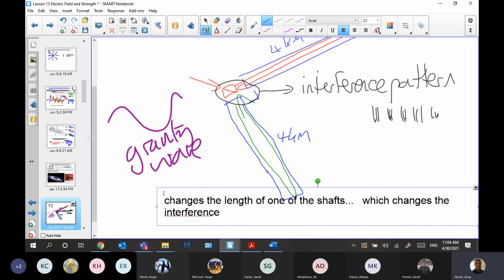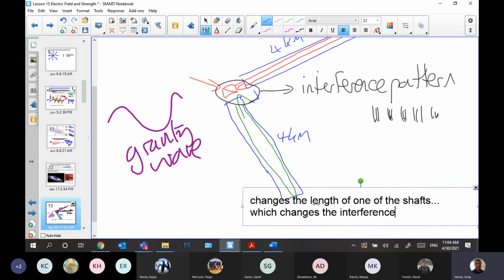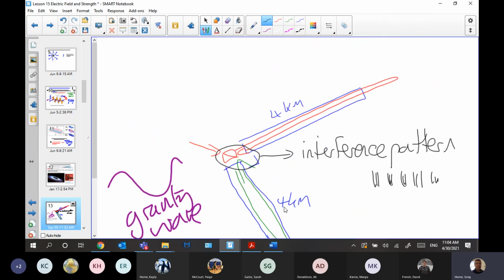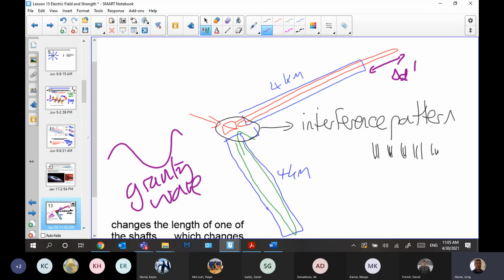So if they see an interference pattern change, the only explanation could be that the length is changed, but they know, of course, that it's still the same 4-kilometer shaft. This change in the length is because of the gravity wave. So this is like delta D due to the gravity wave, and that changes the interference pattern.